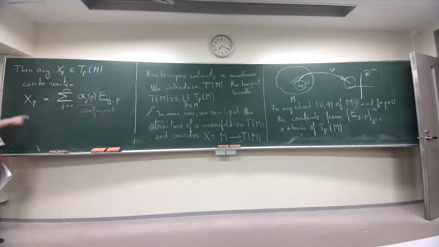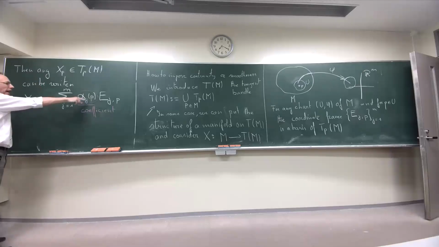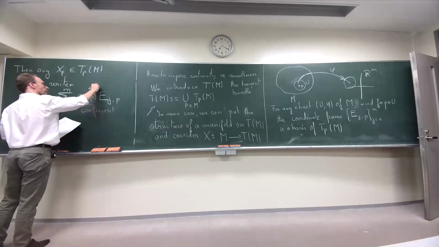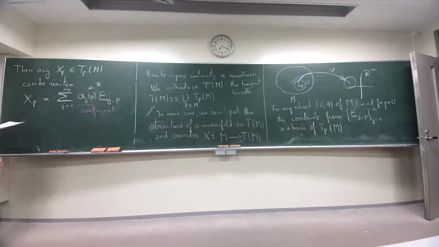For a given vector, these are m numbers, each just an element of R.